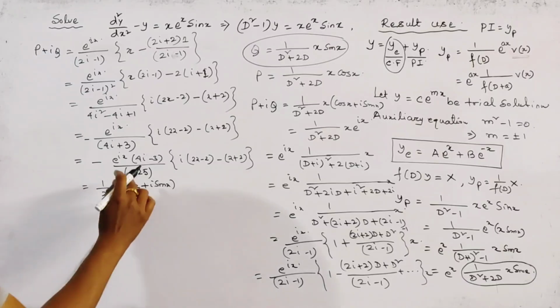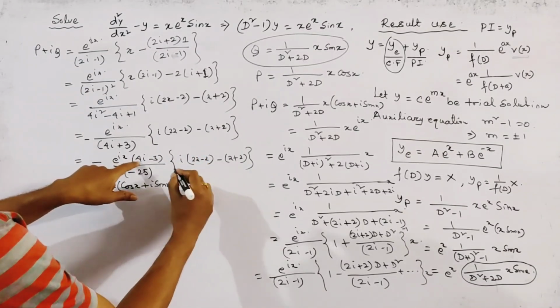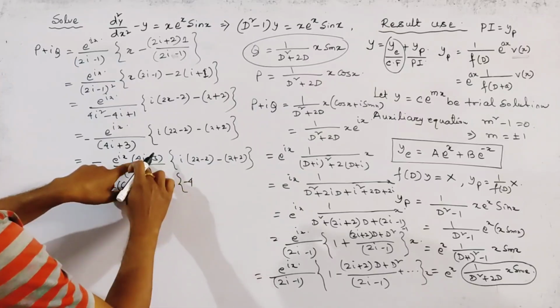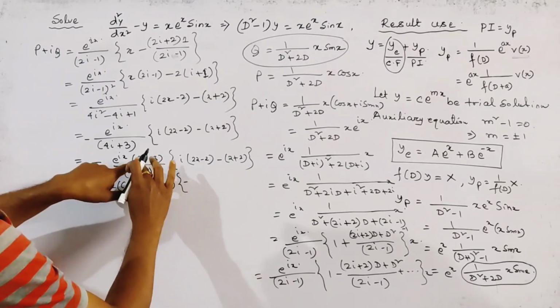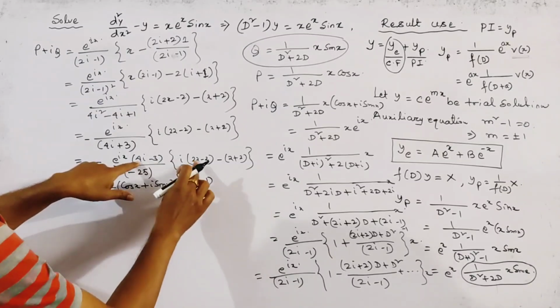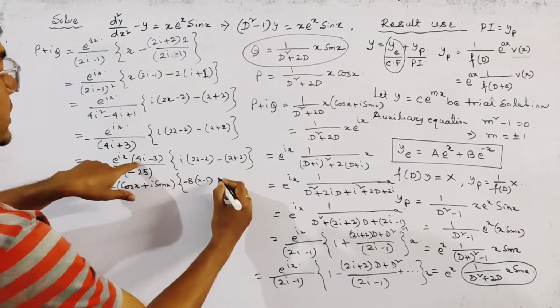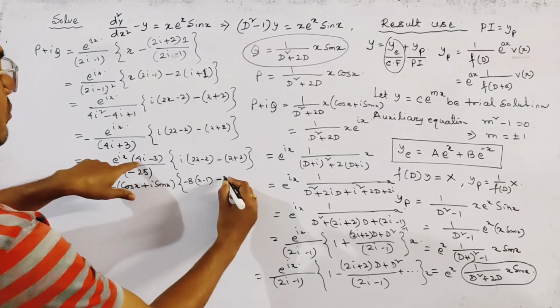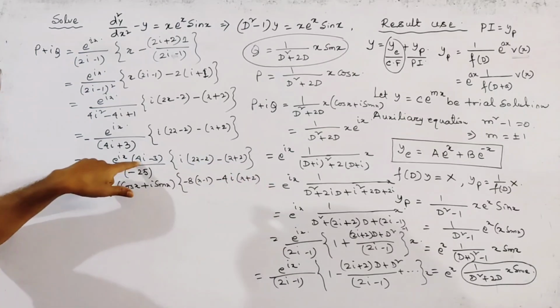Okay, and if we multiply by 4i, we get the result as minus 4. This is 4i into i into this. So we write minus 4. This is minus 8 into (x minus 1). We take common 2 from here. And from here we get this is minus 4i into (x plus 2).